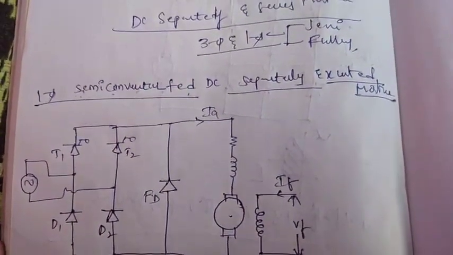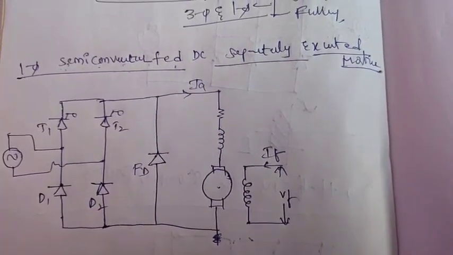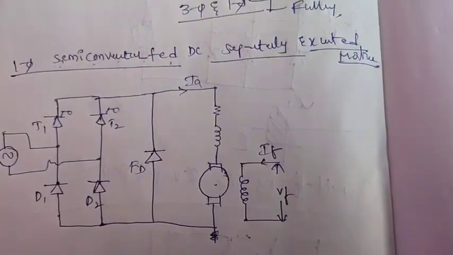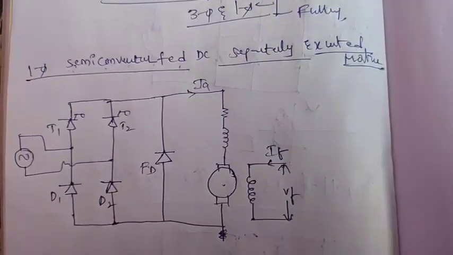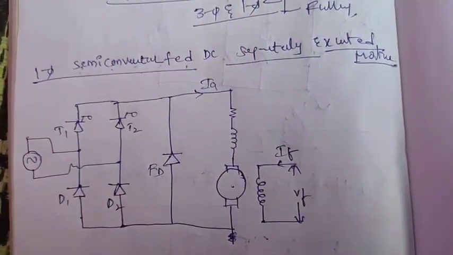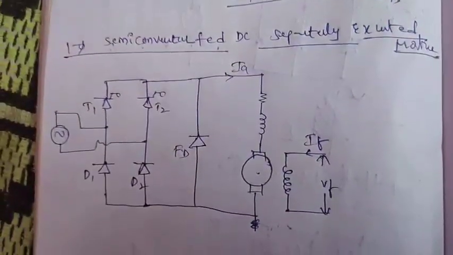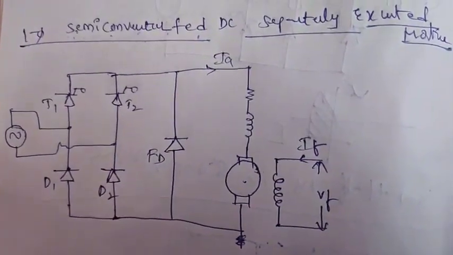Here we have two operations, explained by the waveforms. In a semi converter only continuous current operation is done, so it is used only for some converters. They have some disadvantages, that is poor voltage regulation and poor regulation of speed. So we can see the operation through the waveforms.